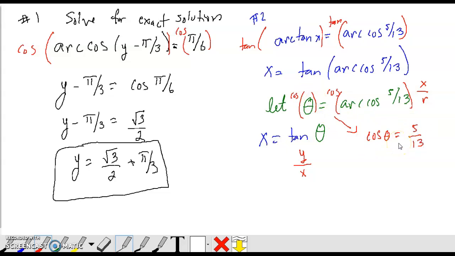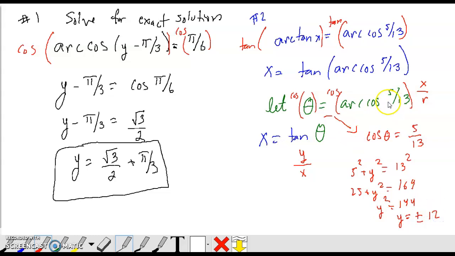So this is where the triangle can come in handy if you want to. Not a big deal. I'm just going to say 5 squared plus y squared is equal to 13 squared. So 25 plus y squared is equal to 169. Subtract 25, I get 144. y is equal to plus or minus 12.